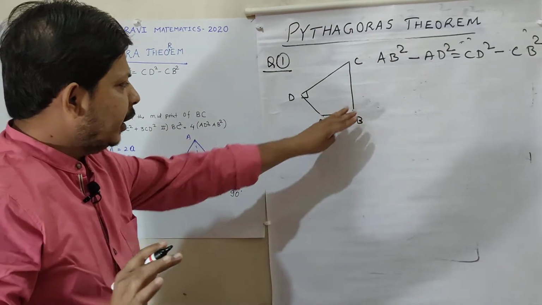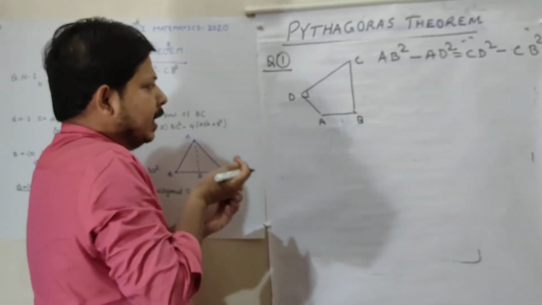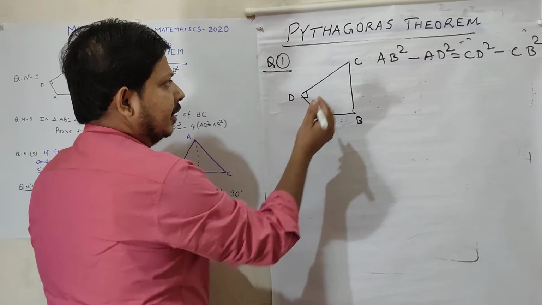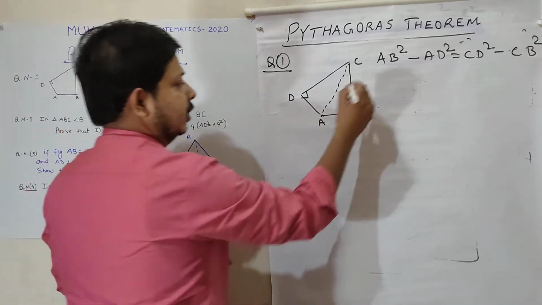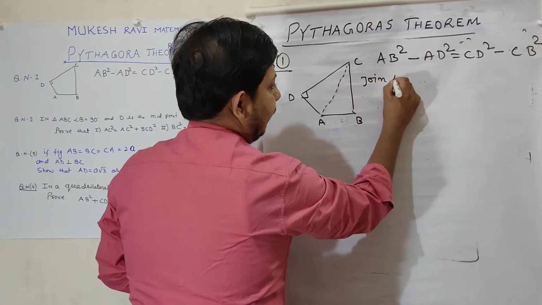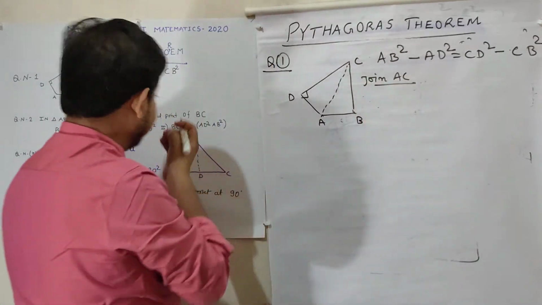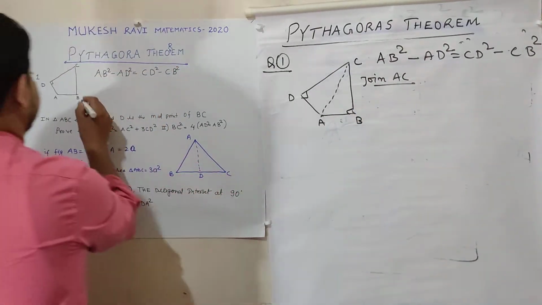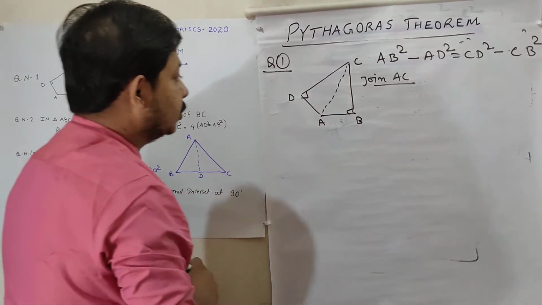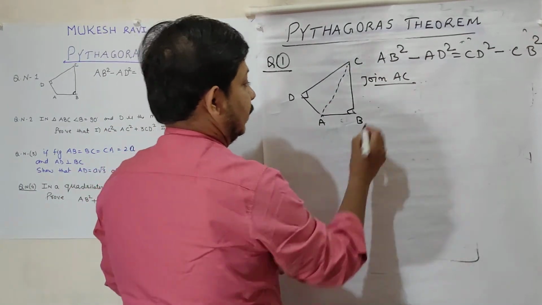Only we have to use where the Pythagoras or right angle triangle is applicable. Draw AC. This is the construction. Join AC. Now you check, angle B is also given as 90 degrees in the question.